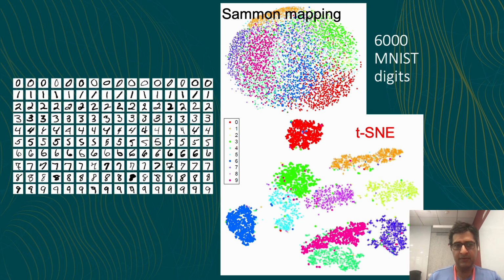And the idea is, in case these handwritten characters were to be represented in a lower dimensional space, how would they look?